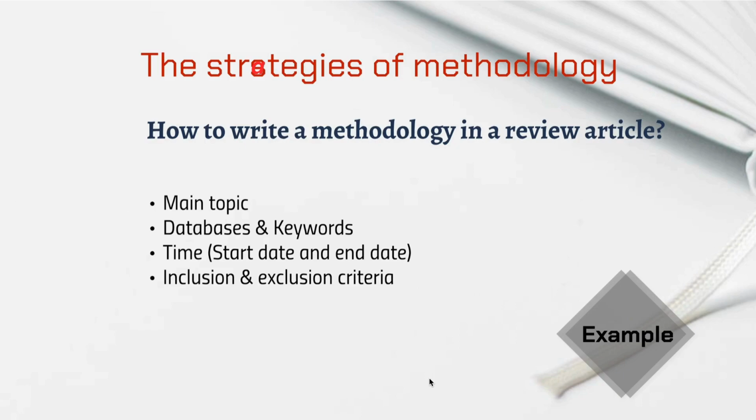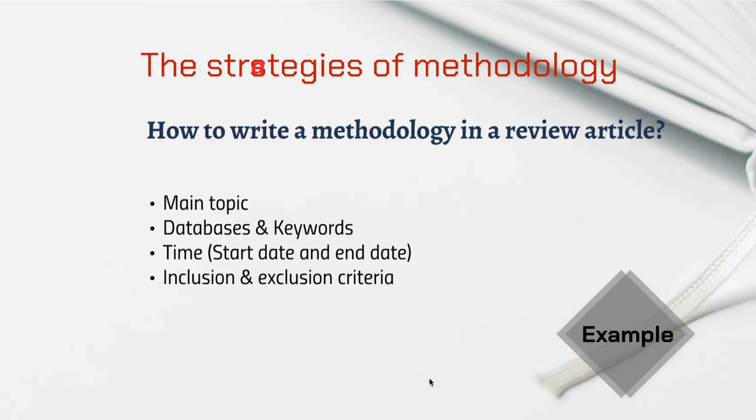And also you can write down the time of published papers, start date and end date. Finally, try to include the inclusion and exclusion criteria. So these are some key things that you have to include in your methodology section in a review article.